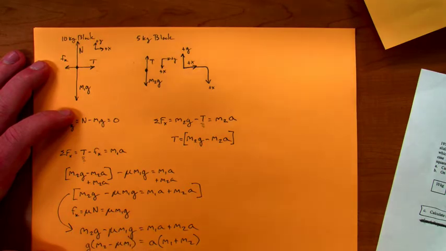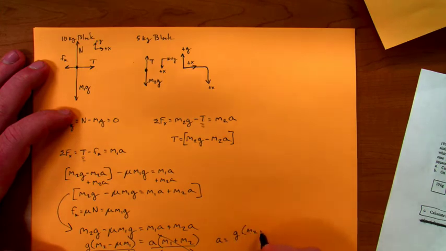And now to solve for A, all I have to do is divide both sides by M1 plus M2. And I get my answer, because that cancels. So now my answer for this is A equals G times M2 minus mu M1 all over M1 plus M2.